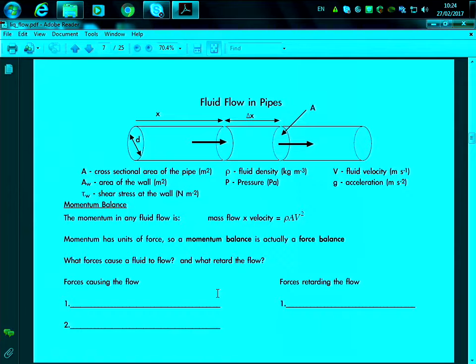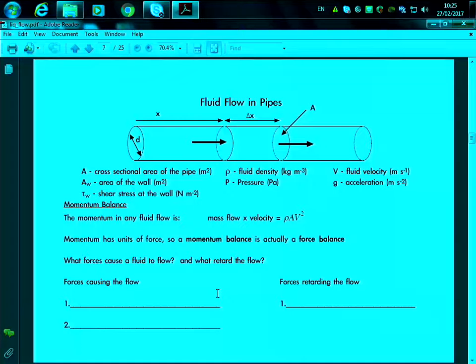So, balancing all the forces. Here we have momentum in minus momentum out. Here in is x, out is x plus delta x, as we have seen. This is the pressure forces that we have in the system at the inlet and at the outlet. This will be the gravity force in the system.